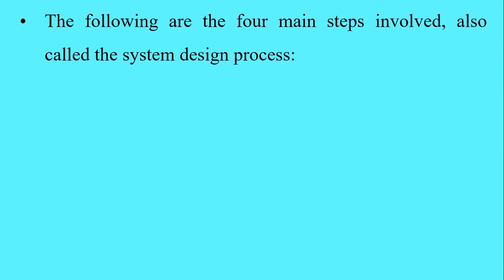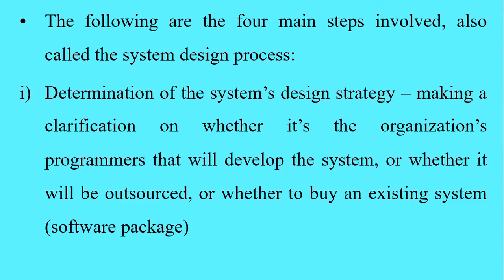The following are the 4 main steps involved that we also call the system design process. Number 1 is determination of the system's design strategy. This is making a clarification on whether it's the organization's programmers that will develop the system, or whether the system will be outsourced, or whether the organization is going to buy an existing system, or what we call a software package.